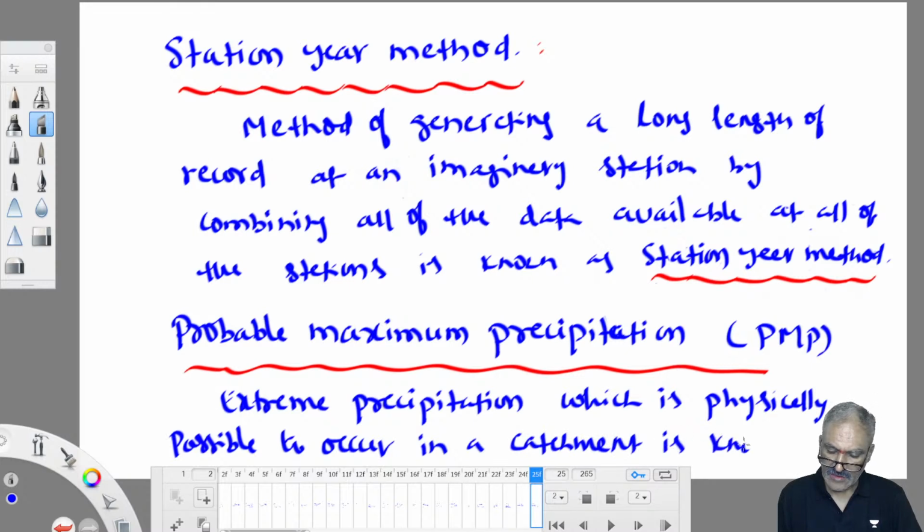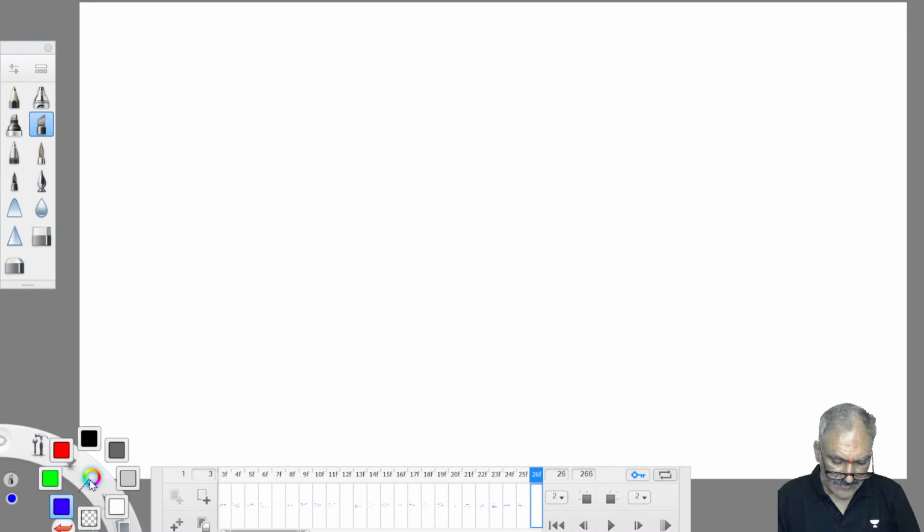It is known as extreme rainfall, and no rainfall will occur greater than this value, the probable maximum precipitation. This we can work out by a statistical procedure.